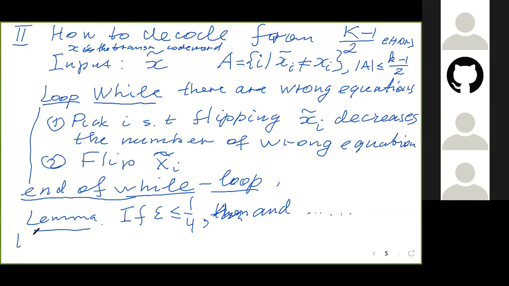Then there is such I. So we want to prove that there is such I under certain assumptions, and we will figure out what assumptions we need later. So first of all, we need the assumption that A is at most K.